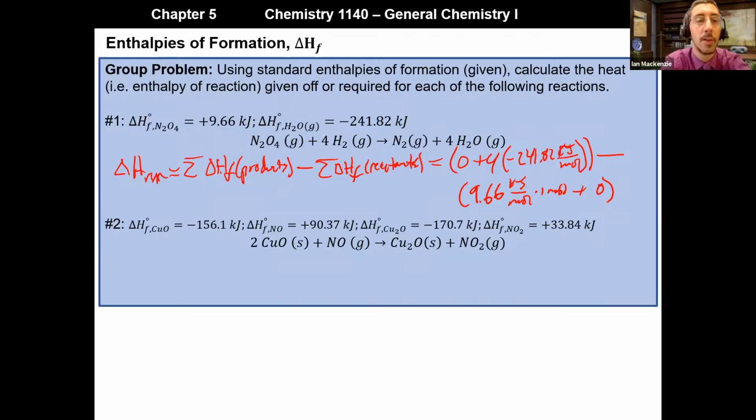And if we do all of that through, we get 4 times negative 241.82, and then subtract 9.66 from that, and we come out with a final value of negative 976.94 kilojoules for this top reaction.